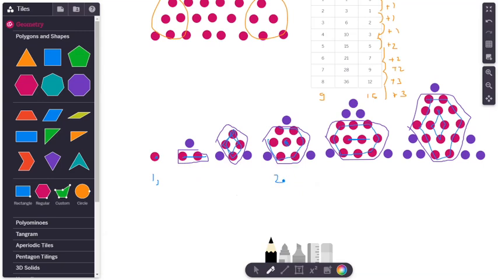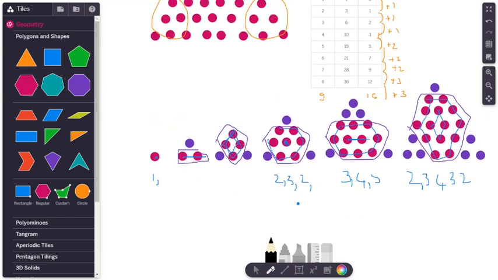Like this. 2, 3, 2. So here it will be 3, 4, 3. Here it will be 2, 3, 4, 3, 2.